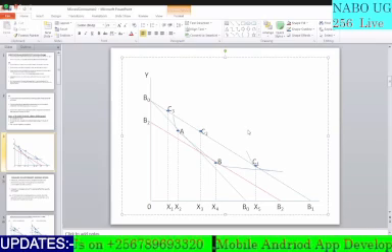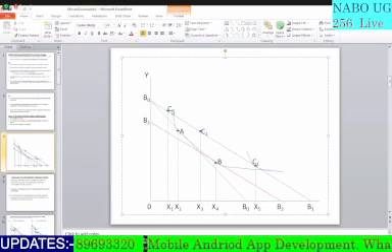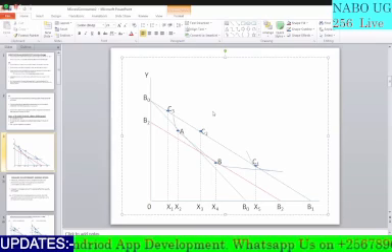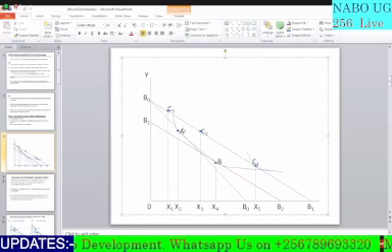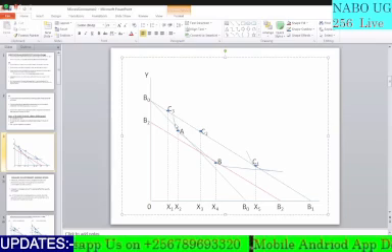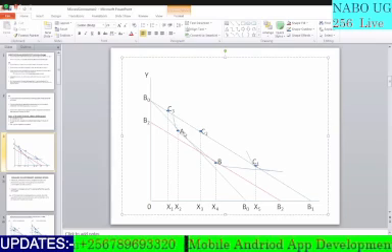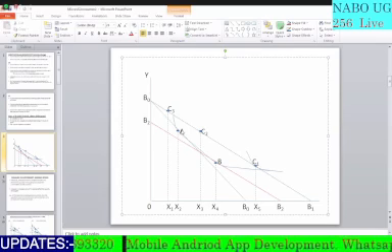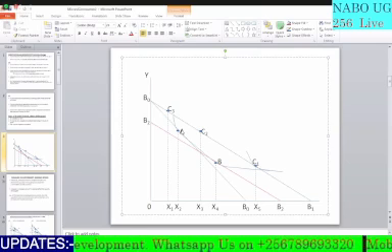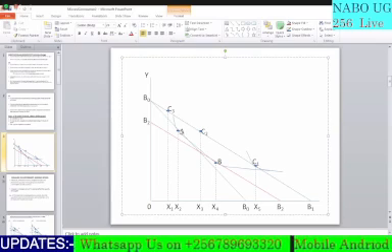And position C may be to the left of A. And this will be for a Giffen good, because you see the total price effect is negative. That means when the price of this commodity falls, the individual reduces the consumption.